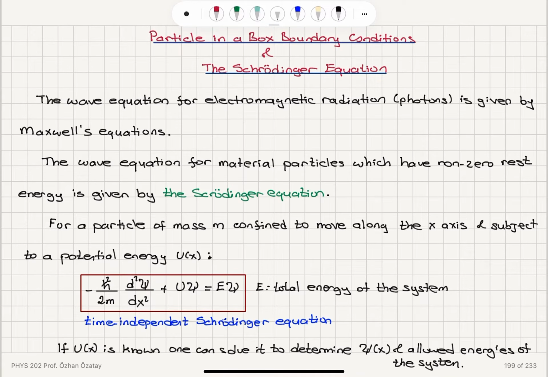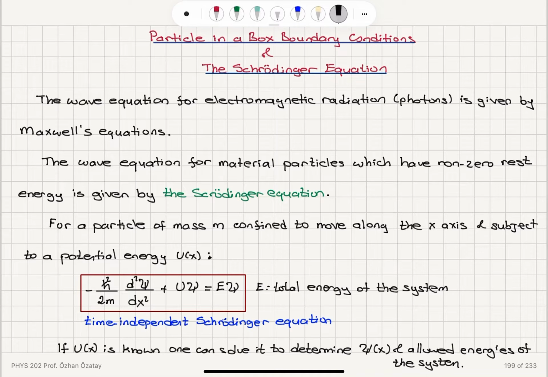Okay, so we have talked about the wave equation that is used for material particles, replacing Maxwell's equations for electromagnetic waves. It's the Schrödinger equation. For a particle with mass m that is confined to move along the x-axis in one dimension and subject to a potential energy U of x, the total energy times the wave function equals potential energy times psi plus minus h bar squared over 2m times the second derivative of the wave function with respect to x.